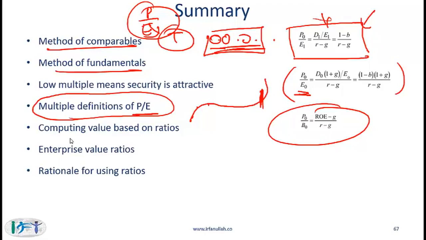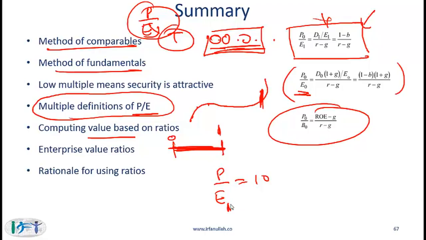Then, given a ratio such as PE, how do you compute what the value of a company should be? Remember the fact that, let's say you have period 1, and if you have a PE of 10, then you need to be careful about what E you are using.